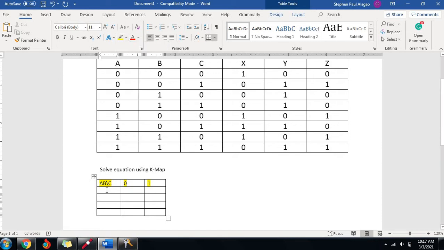And then this one is 0, 0, 0, 1, and then 1, 1, and then 1, 0. Let's put it in the center, including this one.